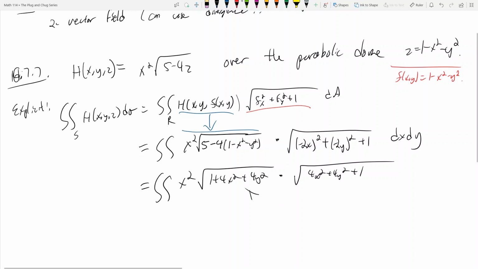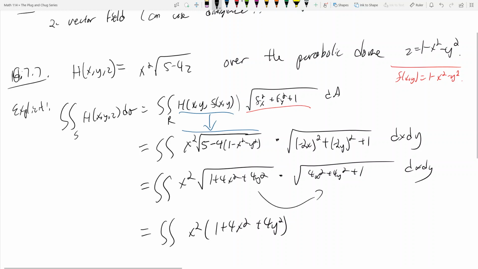They're both under square roots, and there's a dx dy. So now this becomes a double integral of x squared times 1 plus 4x squared plus 4y squared. There are no square roots anymore because they killed each other. The two square roots cancel each other out, and we're just left with whatever is in the square root.